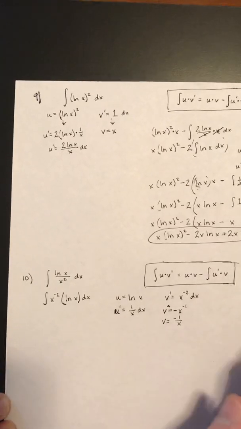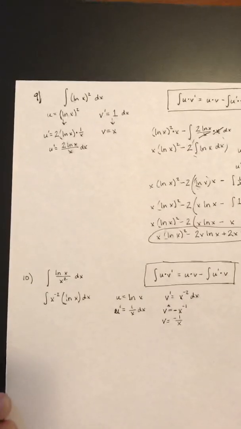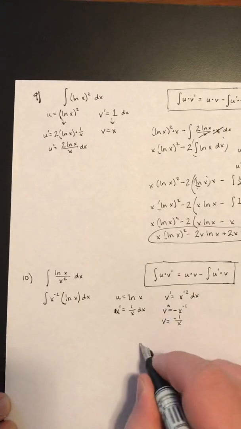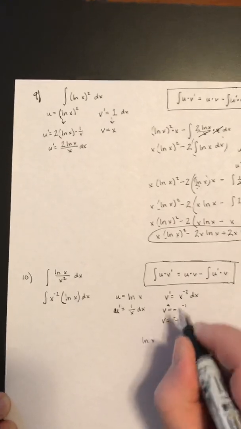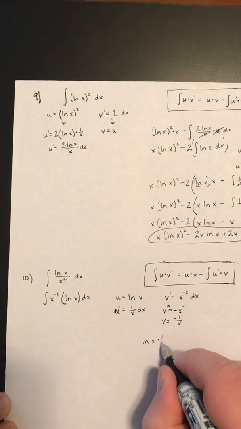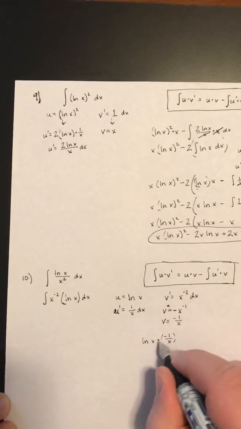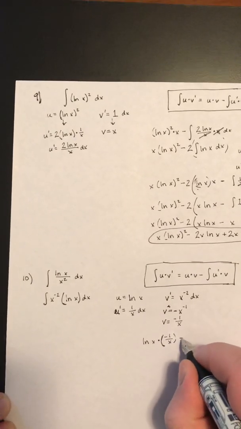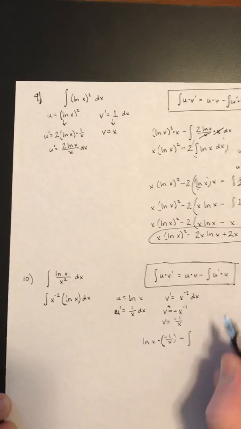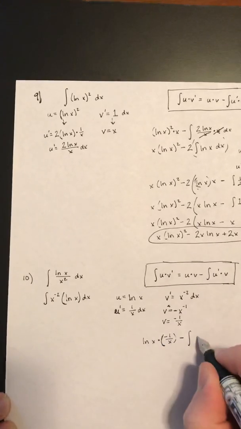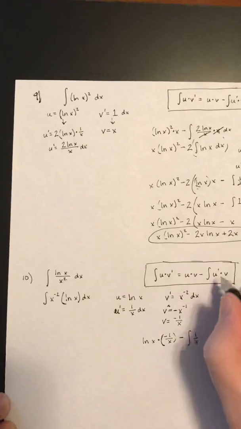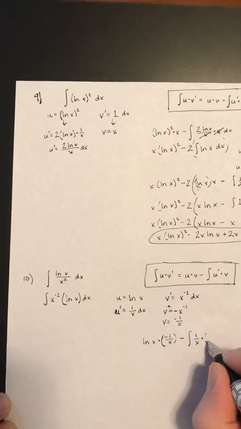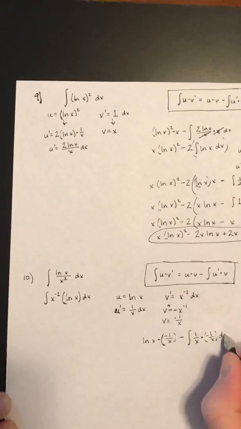Now that I've got that set up, I can work with my formula. I'm going to do u, which is ln of x, times v, which is negative 1 over x. Then I'm going to subtract the integral of u prime, which is 1 over x, times v, which is negative 1 over x dx.